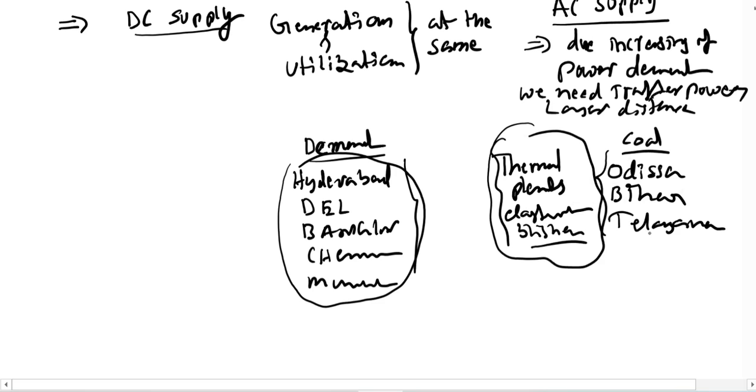It is like NTPC Ramagundam. There you can see that coal mines are mostly available, so you can extract the coal from there and utilize it.